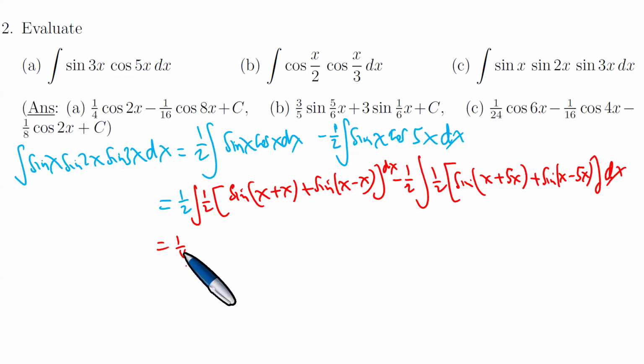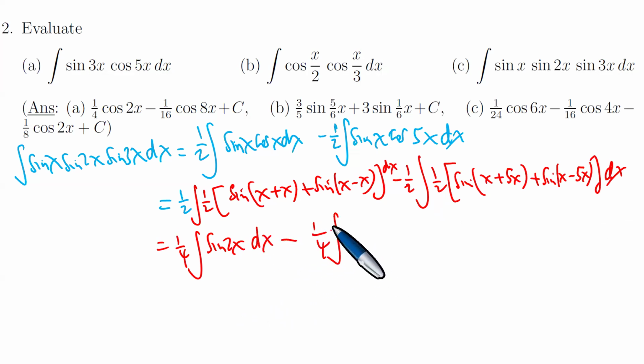So half of half is 1/4. The integral of the sine of 2x dx minus 1/4 the integral of the sine of 6x minus the sine of 4x.